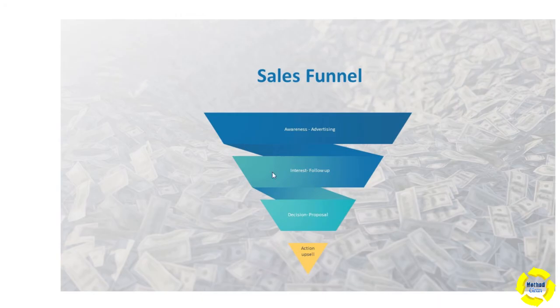So we're going to go back to the sales funnel. Now, interest. Let's say, for argument's sake, you meet somebody, you speak with someone on the phone, and one of the things in commercial work is they're going to say, send me some information. I need some information.